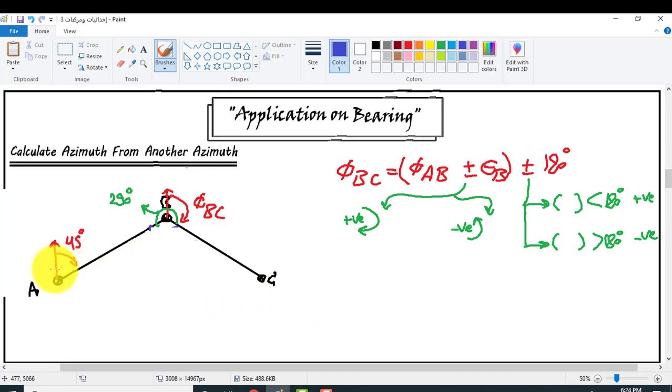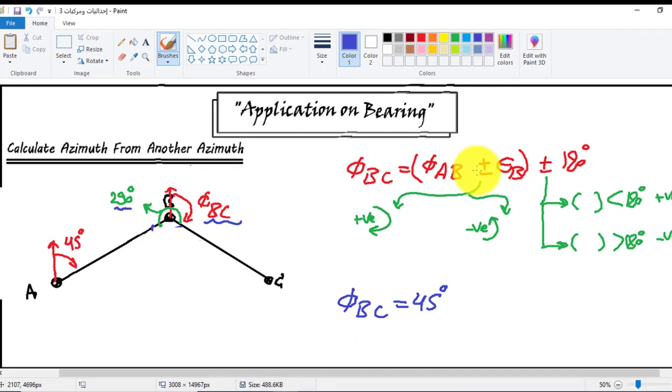The same example, but in another way. If we have phi AB equals 45 degrees and theta B equals 290 degrees, we want to calculate phi BC from this equation. Phi BC equals phi AB, 45 degrees, plus or minus theta.